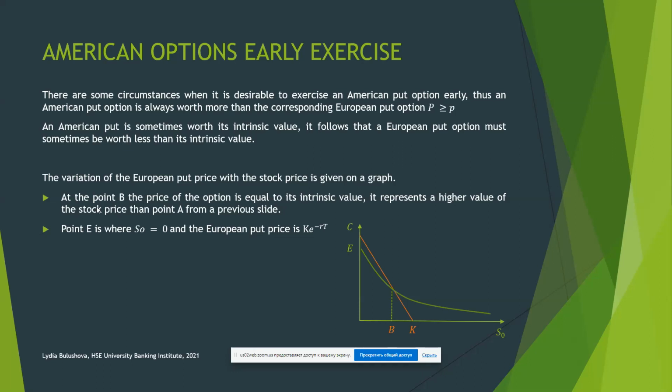An American put option is always worth more than the corresponding European put option, because it is more flexible, and you can put the equality sign at expiry date when they become the same contract.